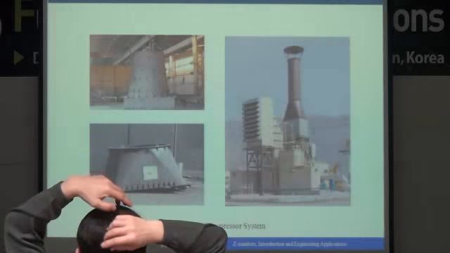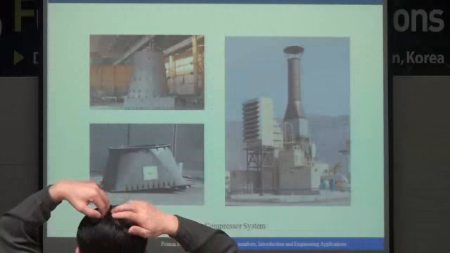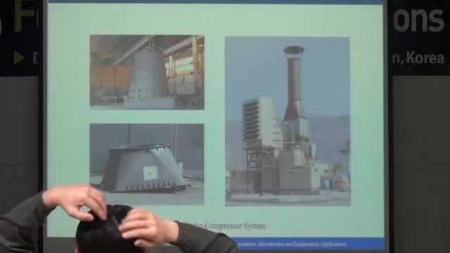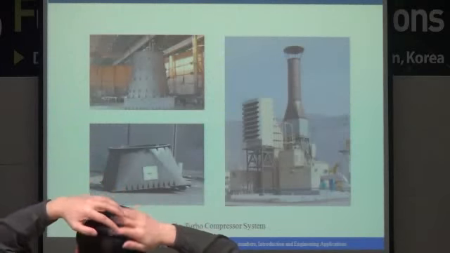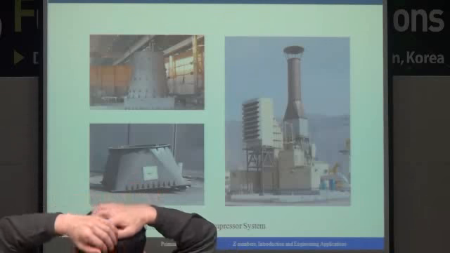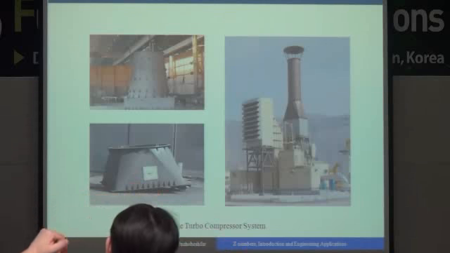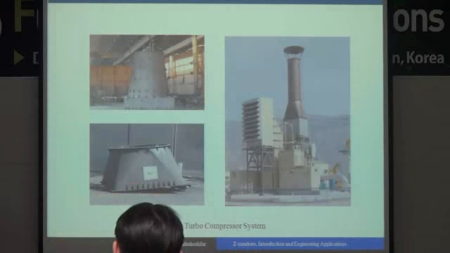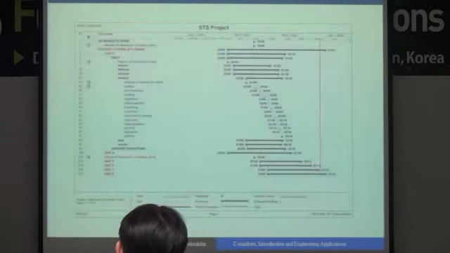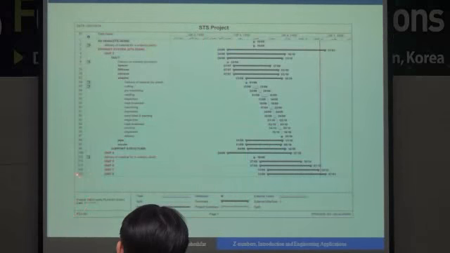Actually, I work in a company which produces cars, and we made some projects in Iran. It's the air intake turbo compressor system, which is one of our current projects, and it's a practical project with more than 500 activities whose times we should determine.